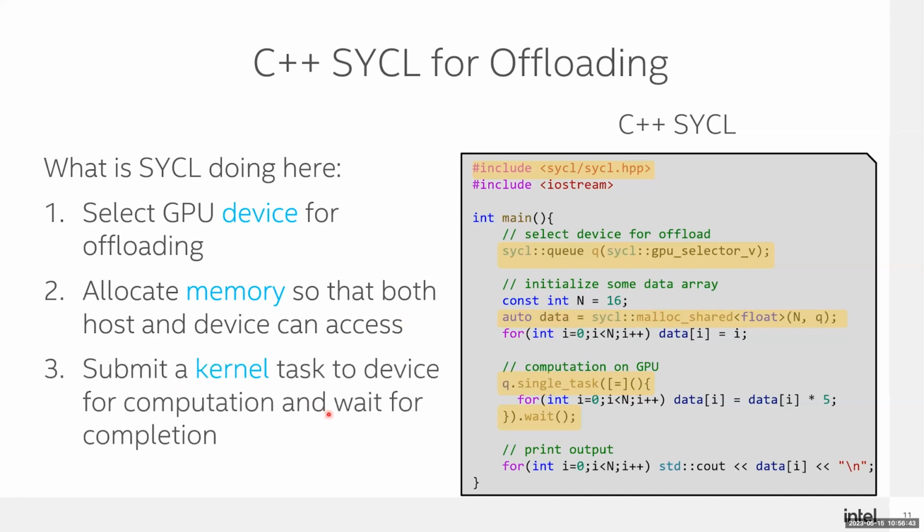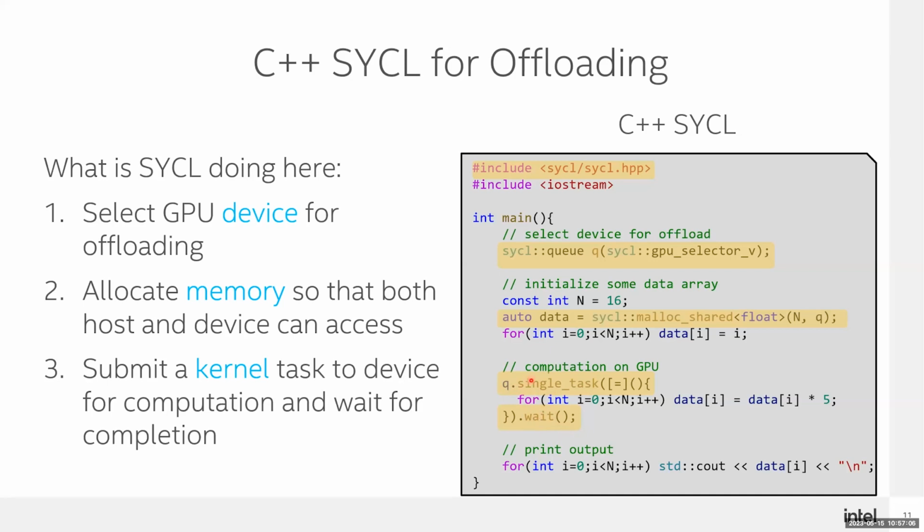And the third thing is how we actually submit the computation to the GPU. Initially we just had this for loop. Now the entire for loop, basically the entire computation, is wrapped into this call, the queue submit task, and then we wait for the completion of it.